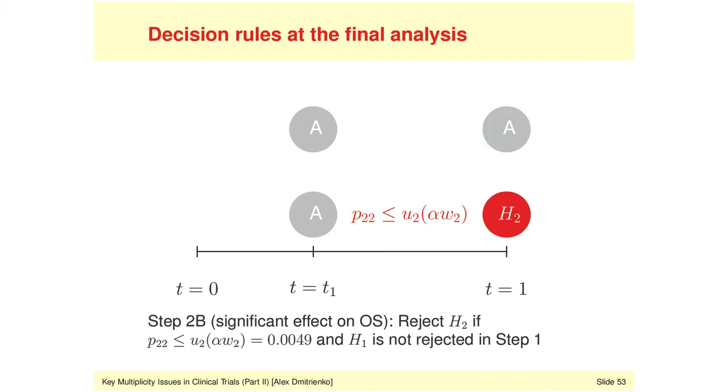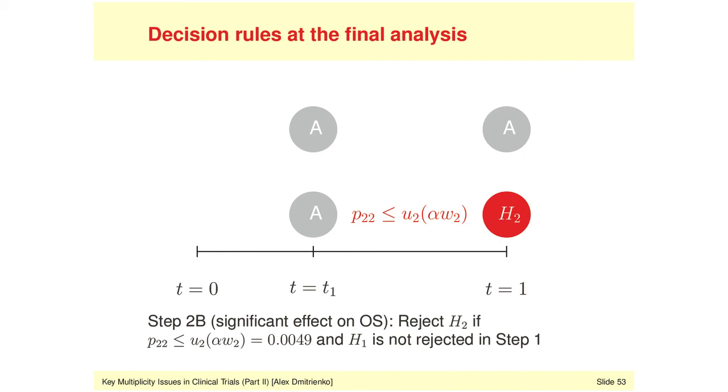Of course, we should not forget about the case when the hypothesis H1 was not rejected in step 1. This case, that we can refer to as step 2b, is presented on the slide.